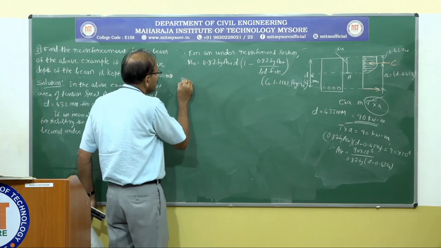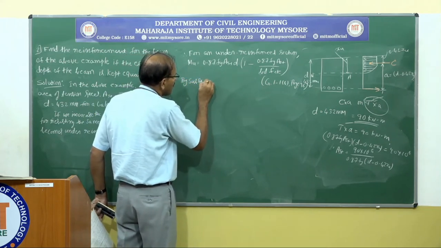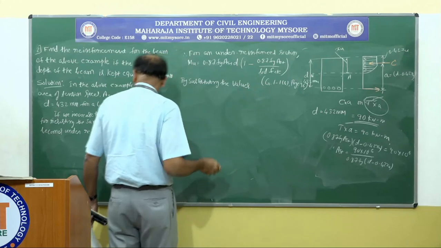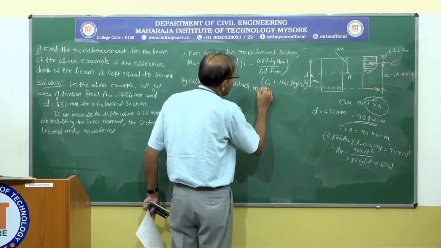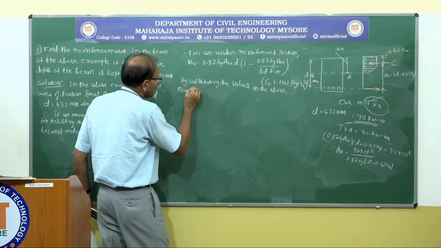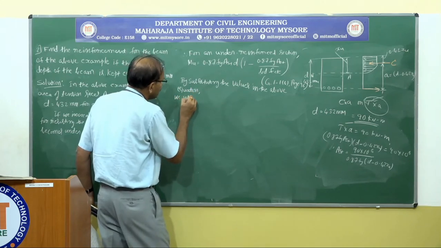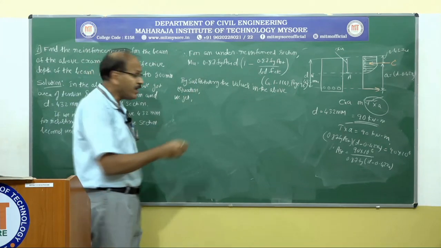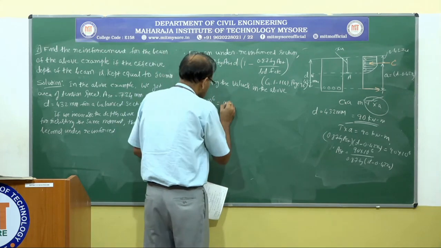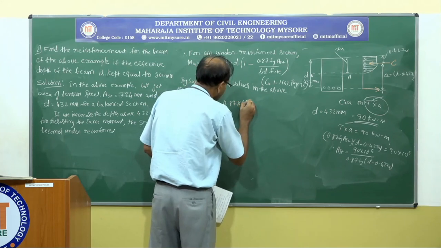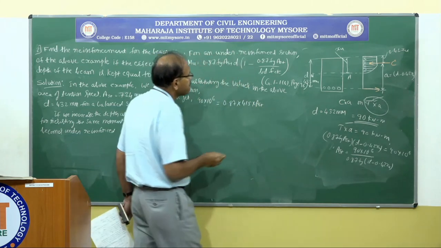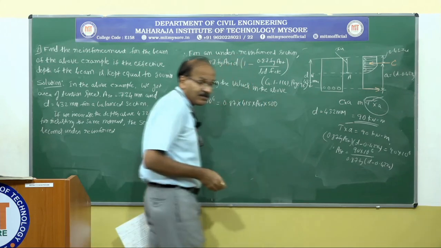So by substituting the values in the above equation, for Mu we are going to substitute Mu limit, that is 90 multiplied by 10 to the power of 6, that is equal to 0.87 into 415 multiplied by AST, that is what we are trying to find out here, and D is 500 millimeter.